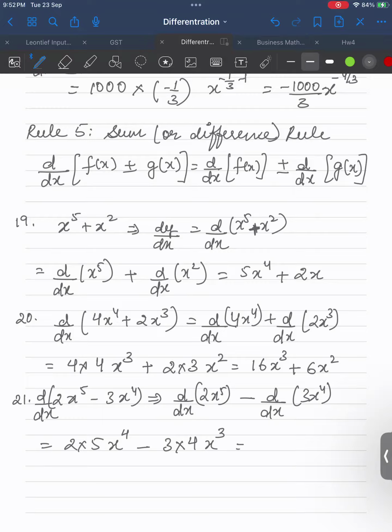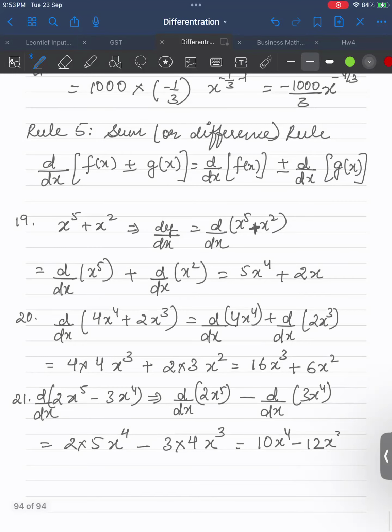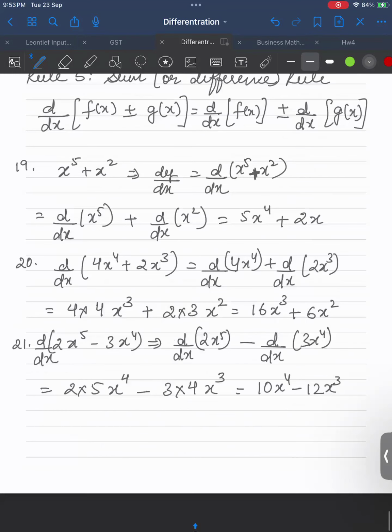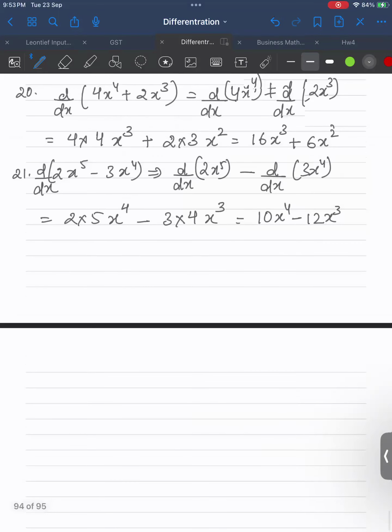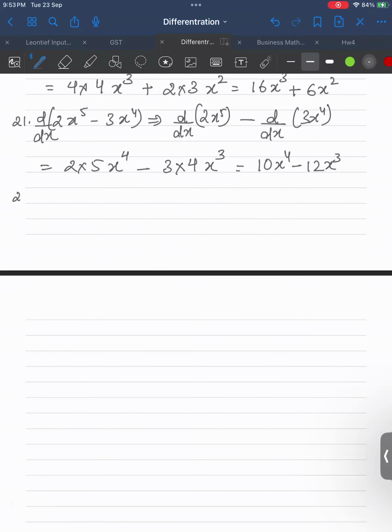Things would be 10 x power 4 minus 12 x power 3. ठीक है जी. 21 questions थे, तो let's start with the 22.